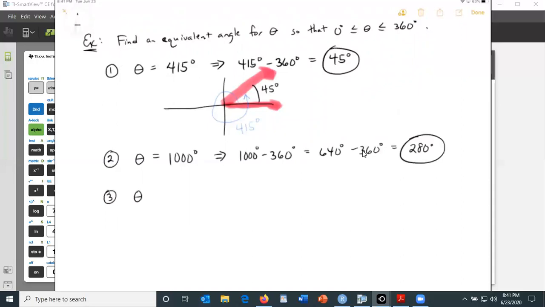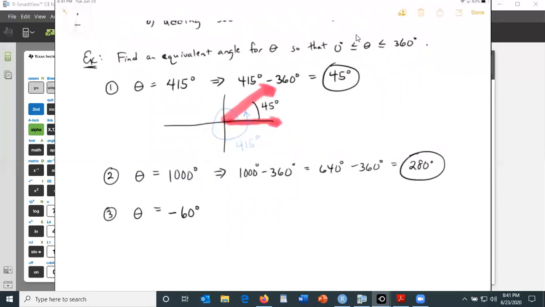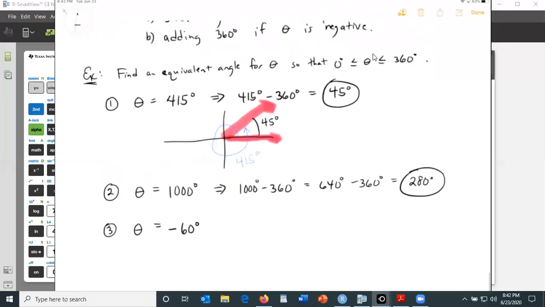3, what if theta is negative 60 degrees? Now remember, we want the angle to be between 0 and positive 360. So essentially, we're looking for mostly positive answers, unless it's 0. Okay? So what do we have to do here?